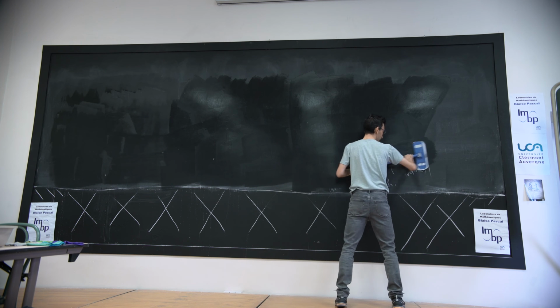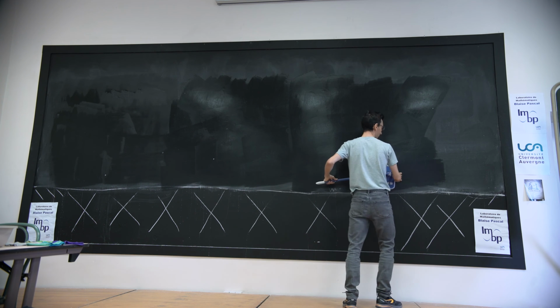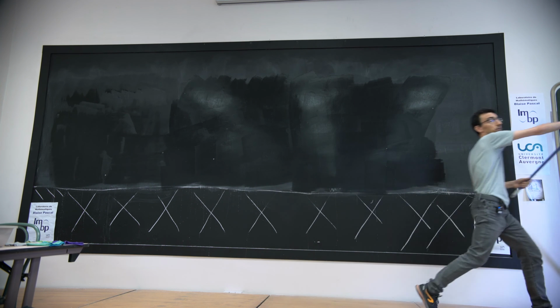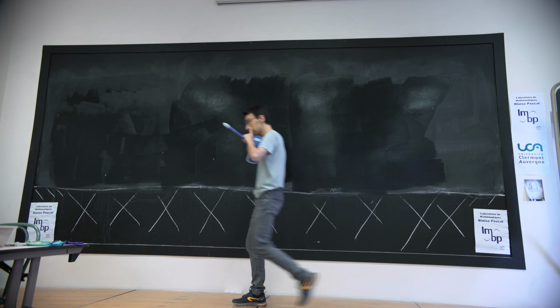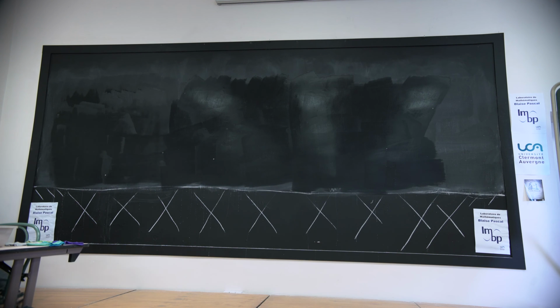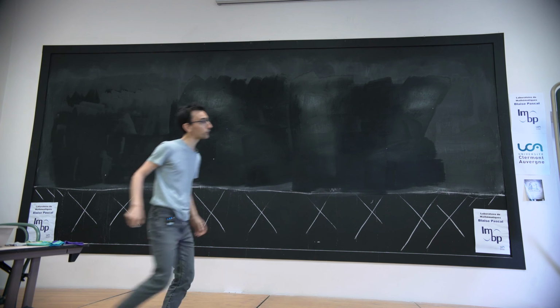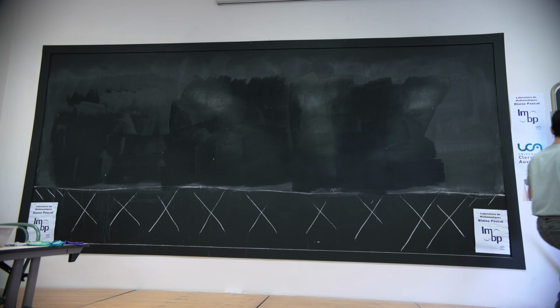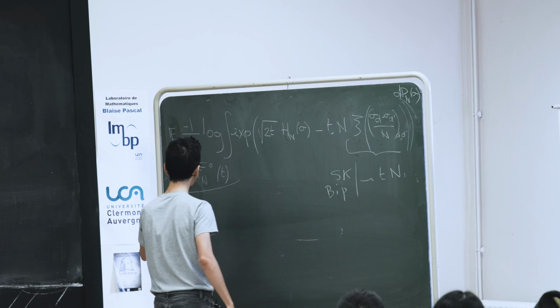So yeah, we have to think about what terms we could add to this energy function to help us to calculate the limit free energy. And perhaps one first guess one could have, let's say in the SK model.